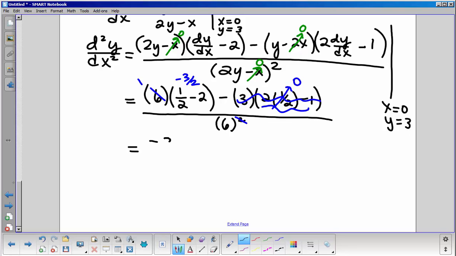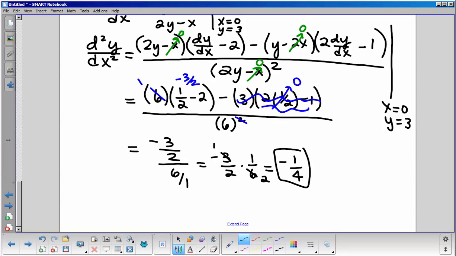So it's going to be negative 3/2 divided by 6 over 1. Negative 1/4 is the rate of change of the slope at that point.